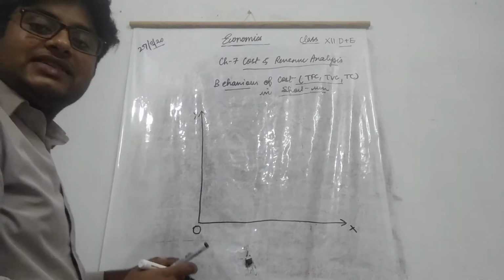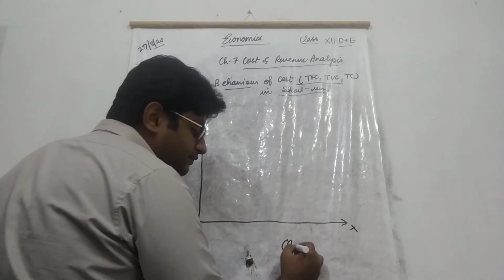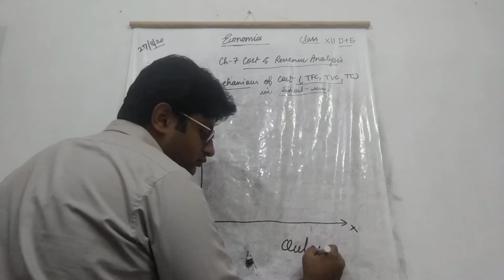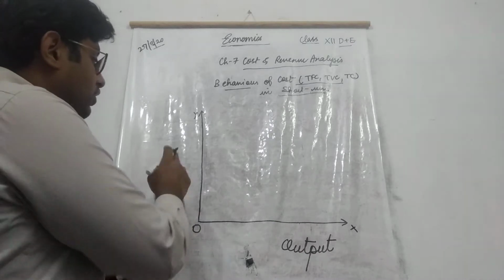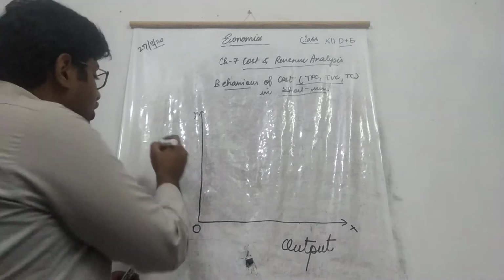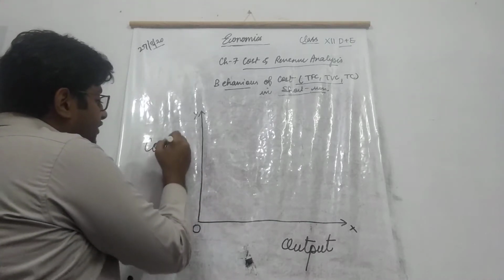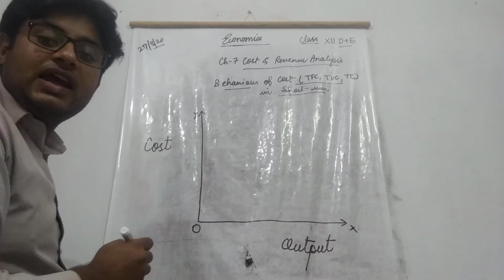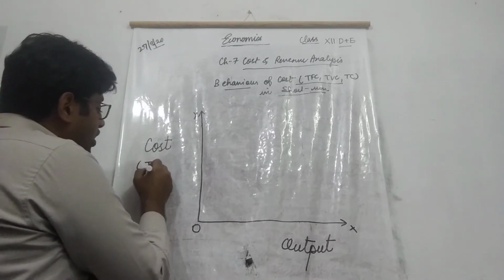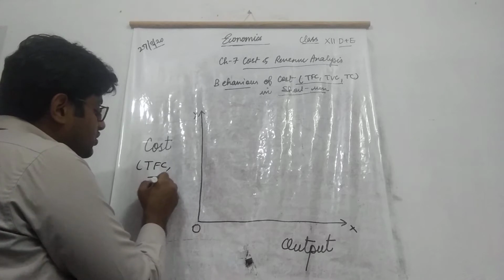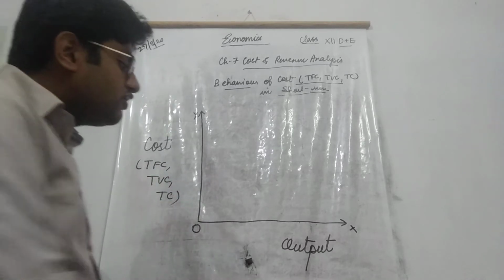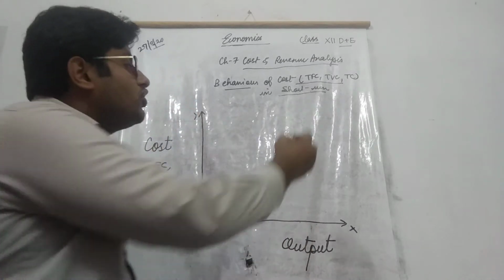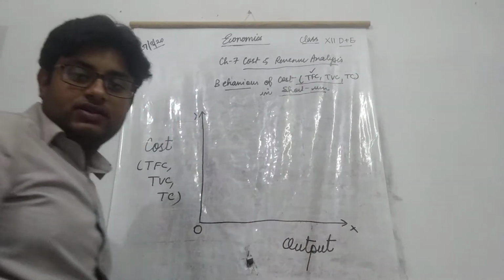On the x-axis we will take output, and on the y-axis we will take cost. And if I am talking about cost, then I am talking about total fixed cost, total variable cost and total cost. So first of all, coming on to total fixed cost.